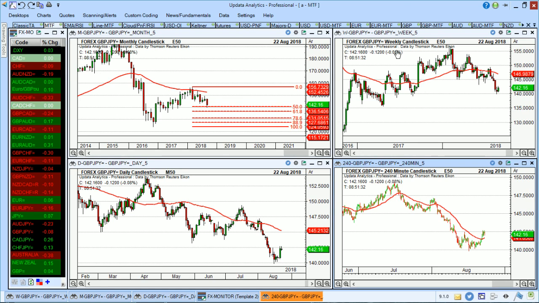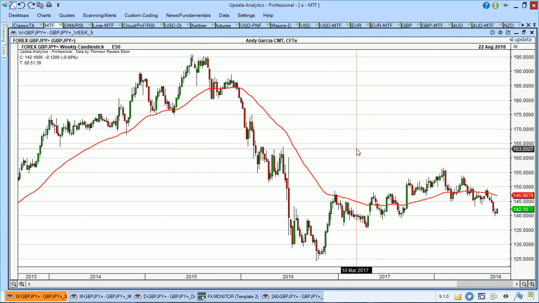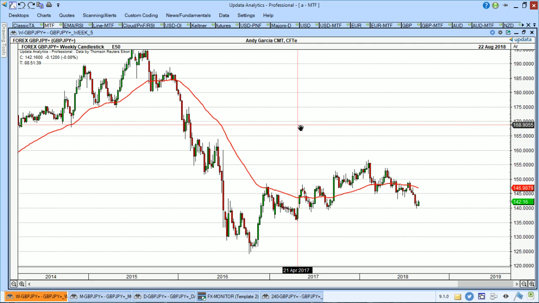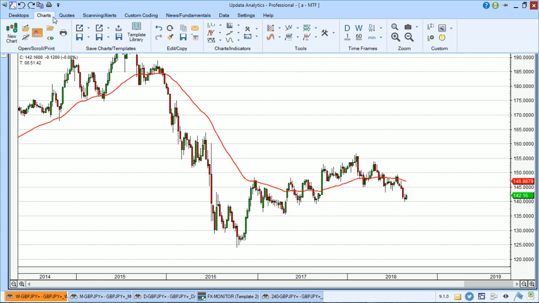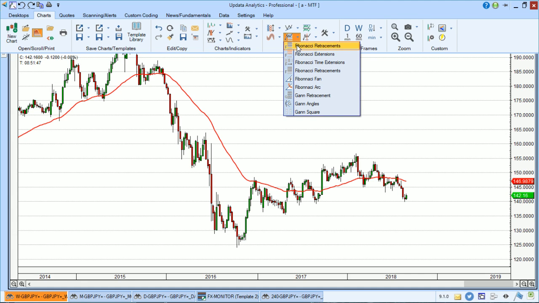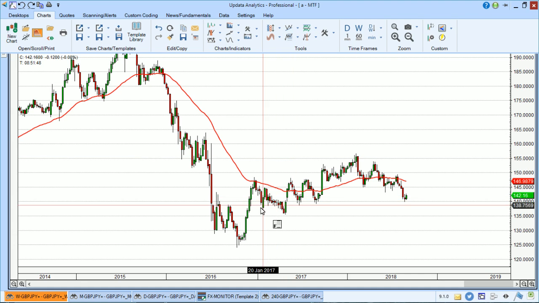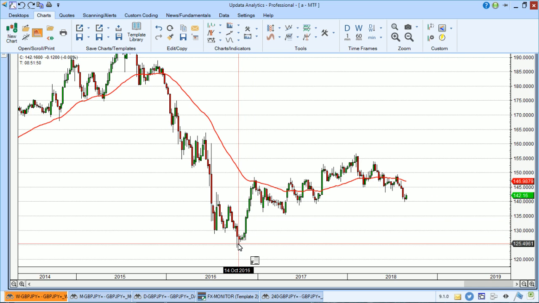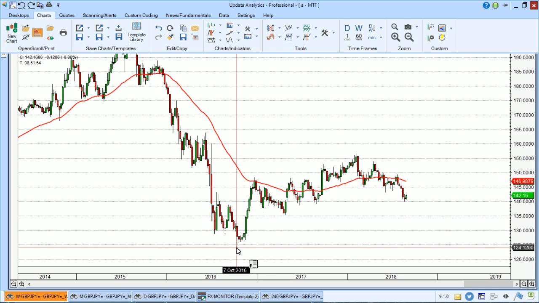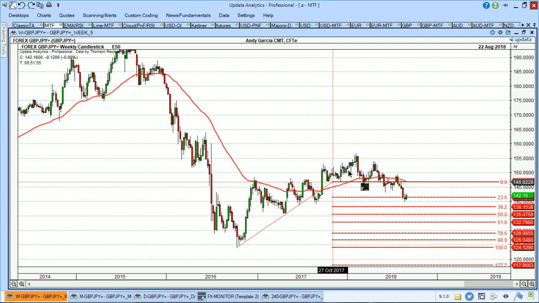And if we go back to, let's take a look at the weekly chart, bring up these Fibonacci levels again. We are at a perfect retracement zone.